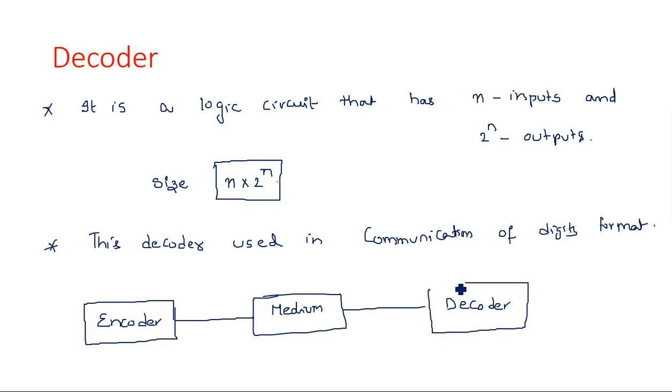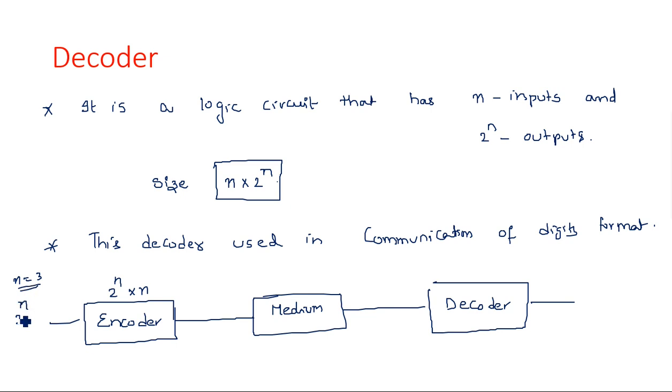because it is the opposite action of the encoder. The encoder has a size of 2 power n by n, so the input is 2 power n. Let us consider, for example, n is equal to 3.